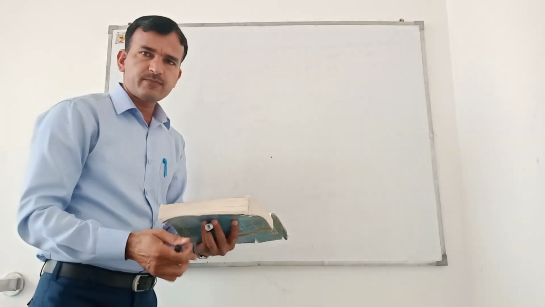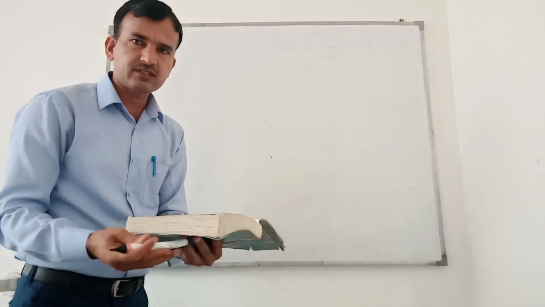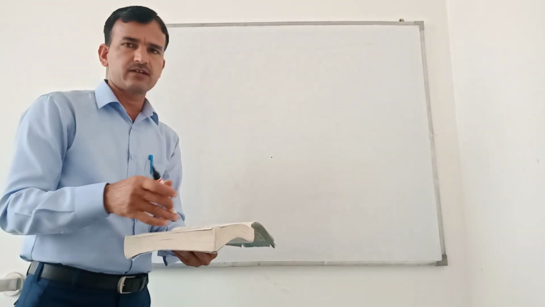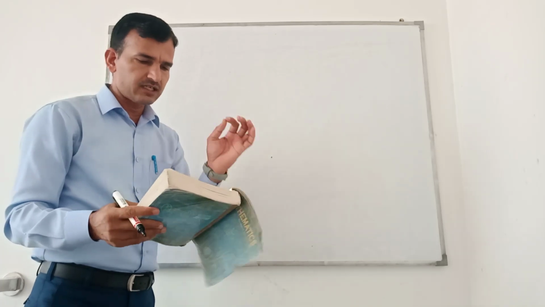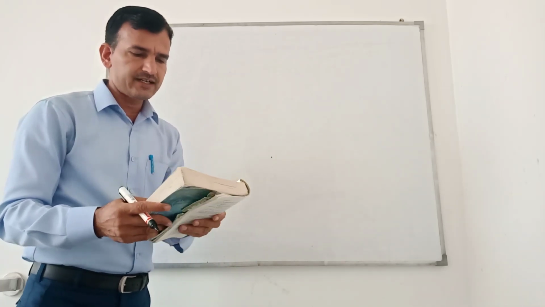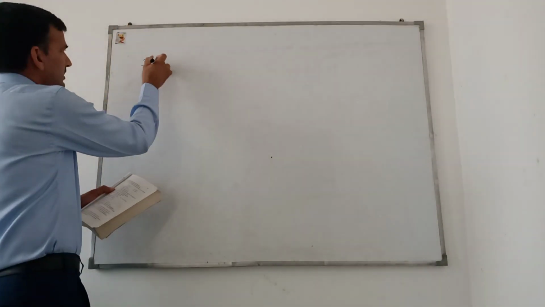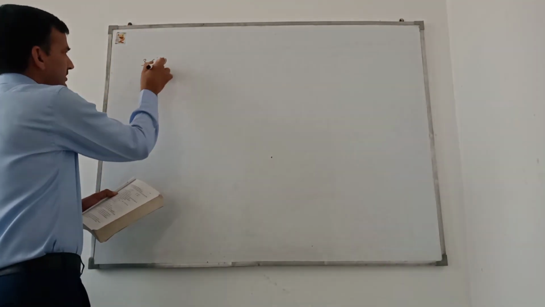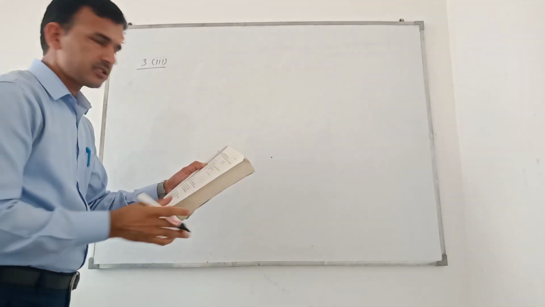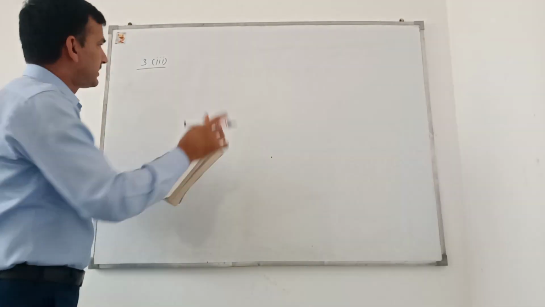In exercise 1.1, question number 3, the first and second parts are very easy. Now question number 3: write the following sets in roster form. We discuss the third part.